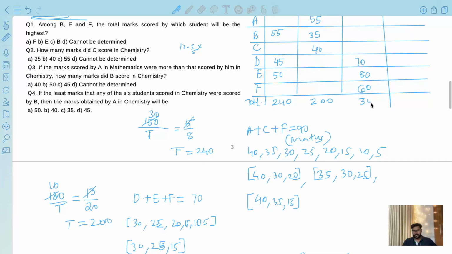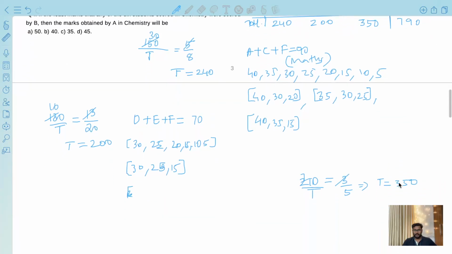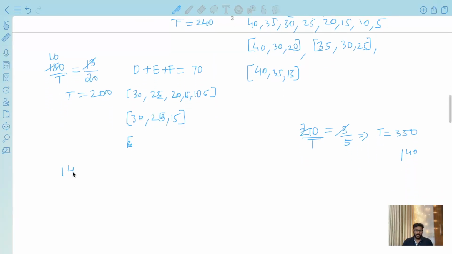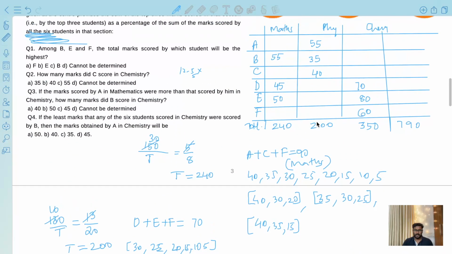So 350 minus 210, that is 140. We need to make 140 from what?